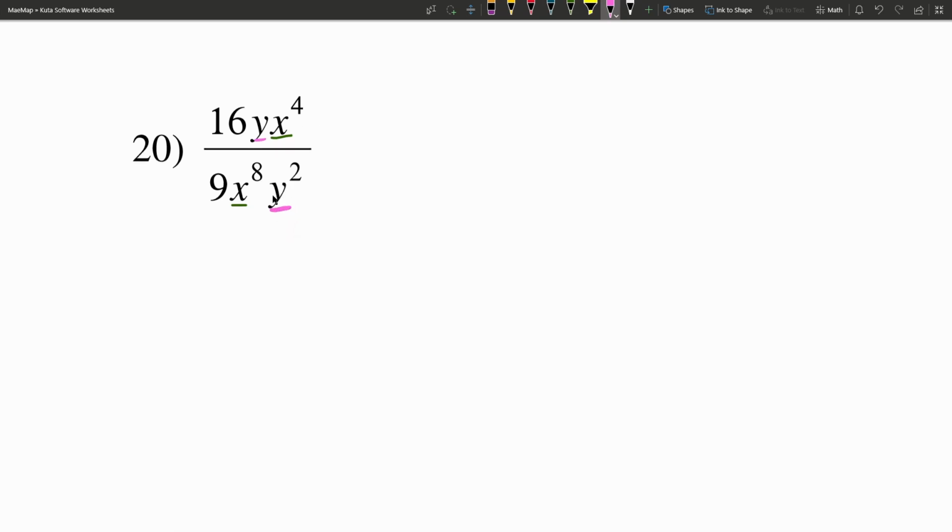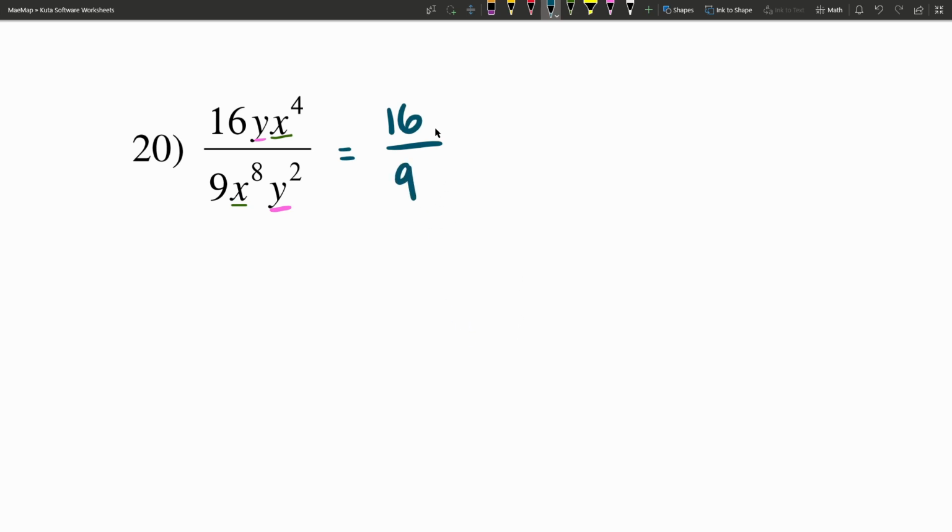So I'll be able to combine both of those, and because we're dividing, those exponents will be subtracted. Now, can I simplify down my coefficients? No, I can't, because my factors of 9 are 1, 3, and 9, and my only factor in common with 16 would be that 1. 3 and 9 don't go into 16 evenly, so I have 16/9 still remaining as those coefficients.